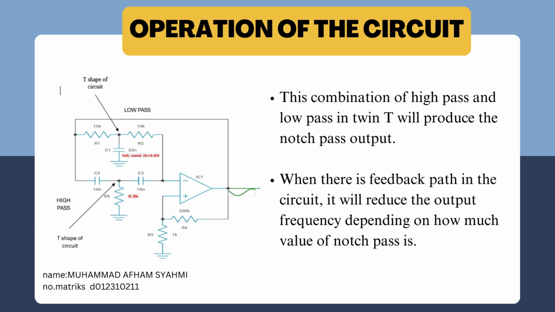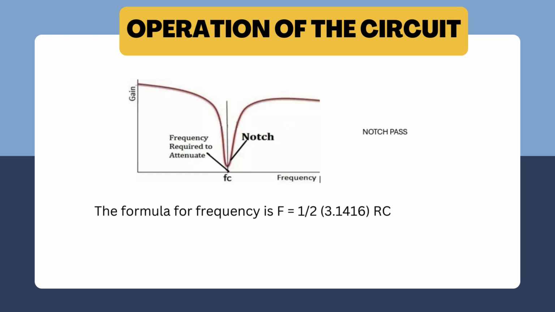For the twin-T oscillator, the specific name for the output is notch pass. Like the picture above, we can see that the output starts in low pass and then goes to high pass, so it produces the U shape. For the frequency, we use the formula 1 over 2 pi RC, which is resistor and capacitor.